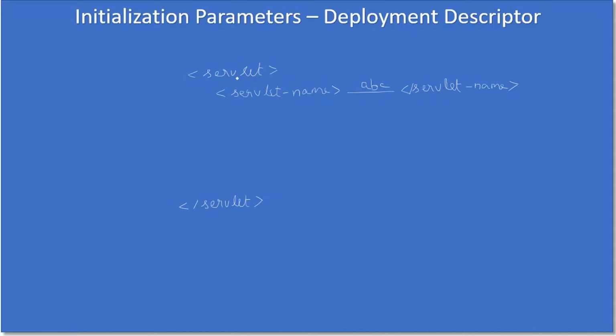So if your web module consists of multiple servlets, then you will see multiple servlet tags. Then other initialization parameters go here. Inside the servlet you will see init param that is enclosed within a special tag, init-param. So this is how the deployment descriptor looks for a servlet.